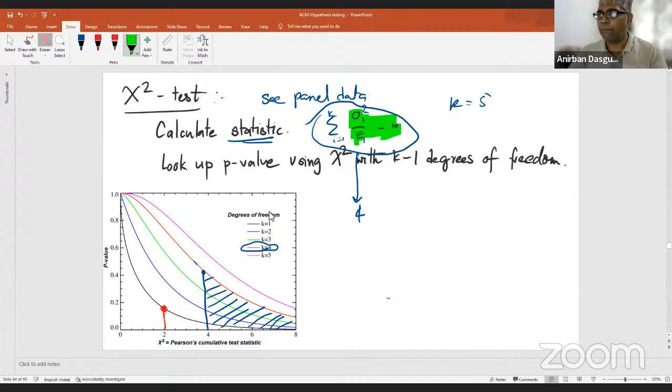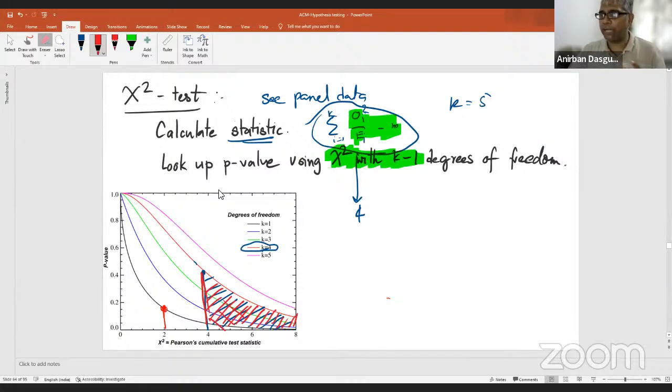And now you look up the probability of this value for the chi-square distribution with k minus 1 degrees of freedom, because it has been completely normalized. Suppose this quantity is 4. Then you ask what is the probability to the right side of 4 for the chi-square distribution with k minus 1 degrees of freedom.